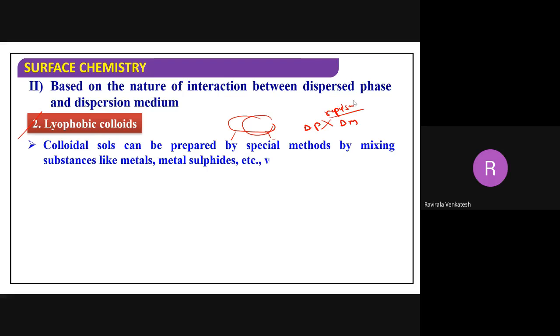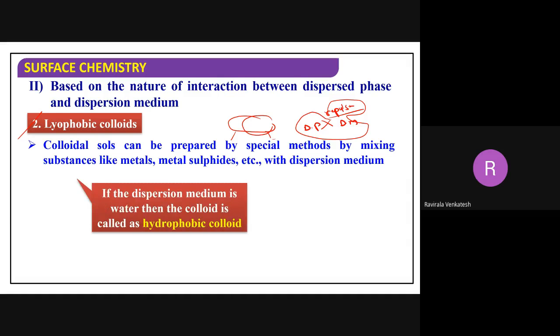These sols can be prepared only by special methods, because when you add the dispersion phase and dispersion medium, repulsive forces operate. So you cannot prepare them directly by adding the two, and we need special methods. Using those methods, we get the lyophobic colloids.